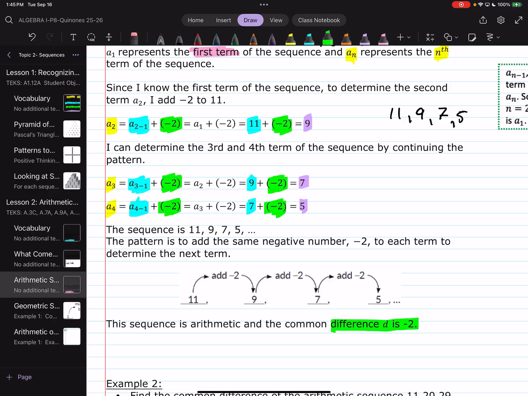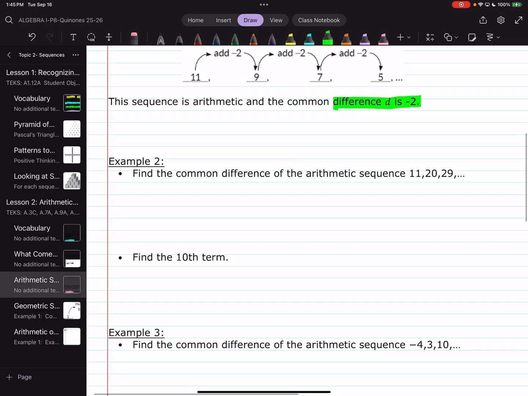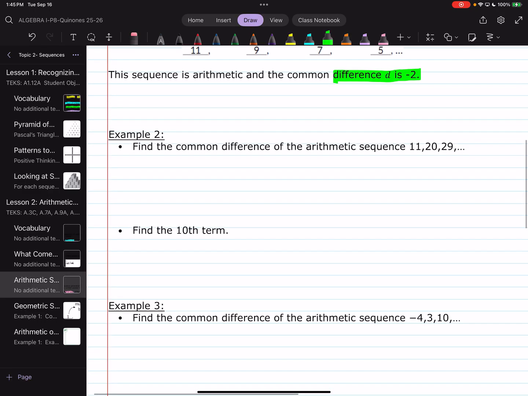Are we ready to try it? I want you, this is straight from your homework assignment. I want you to find the common difference of this arithmetic sequence. When you're done with that, I want you to find the 10th term of that sequence. I'm going to give you and your groups about 3 minutes for you to complete this.